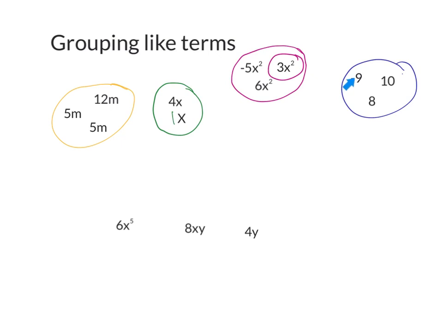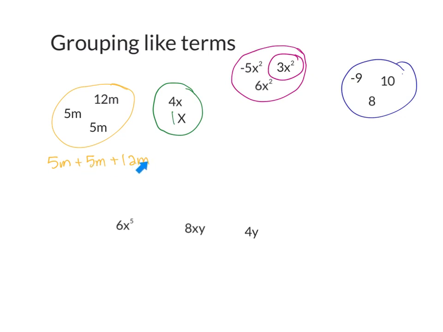So this is a -9. It might have been written as minus 9, but that's the same thing as adding a -9. Anything here that doesn't have anything in front of it, it's implied that we're adding that. So if I want to write this first group, the m's, 5m plus 5m plus 12m, think about it as having 5 milkshakes and 5 more milkshakes and 12 more milkshakes.